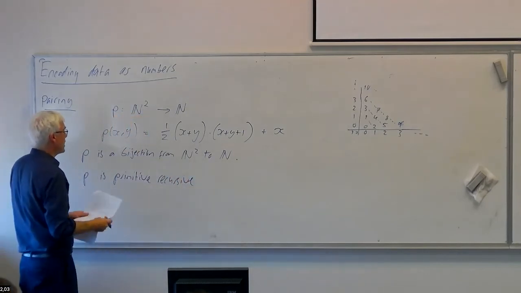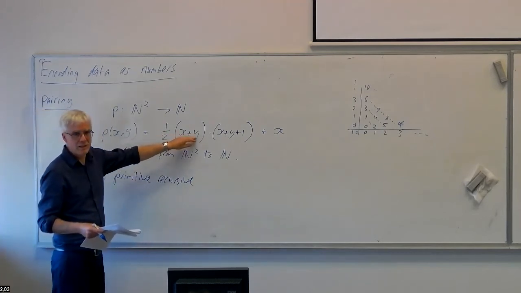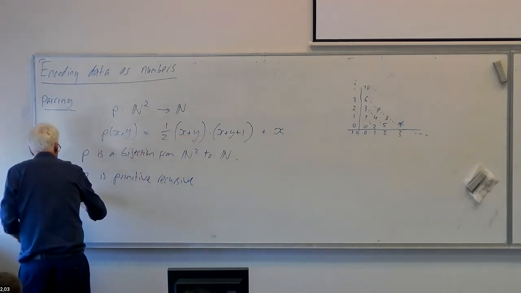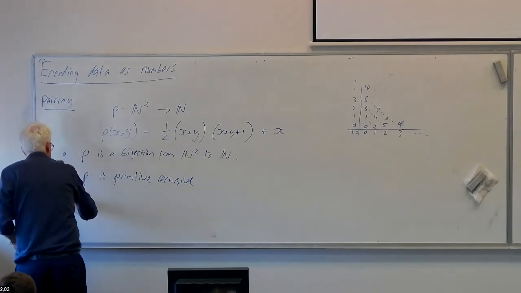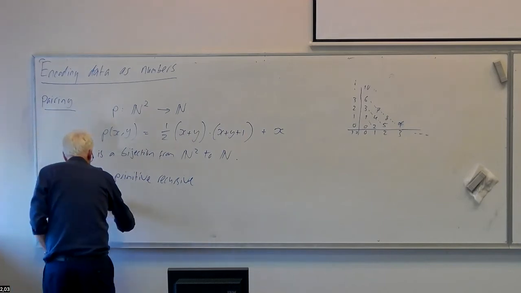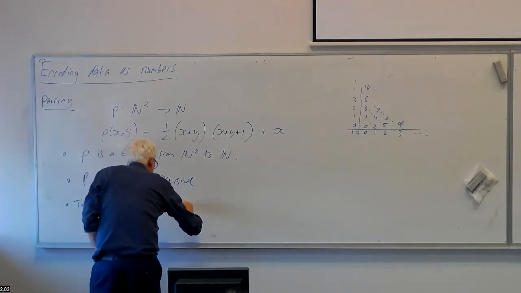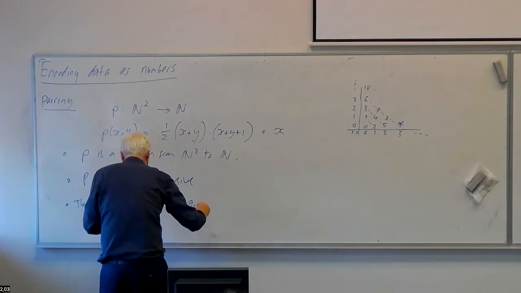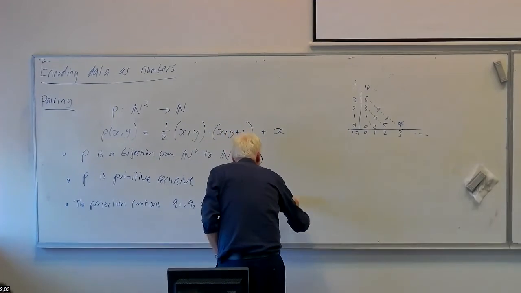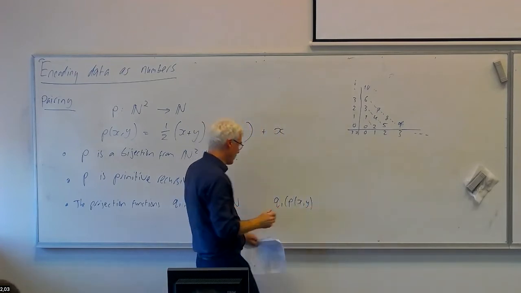And moreover, the projection functions, which are not easy to define in closed form. So the projection functions, which I call here Q1 and Q2, which go from N to N. And they define that Q1 of the pair, we think of P as a pairing function.